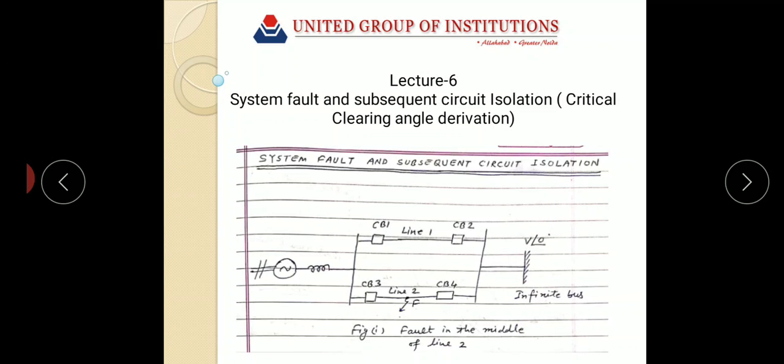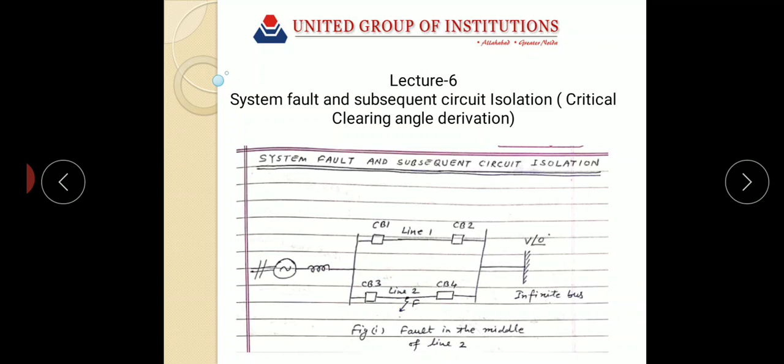Okay, so let us consider a synchronous generator supplying power to an infinite bus through a double circuit line as shown in figure 1. Suppose that some type of fault, say a single line to ground fault, occurs in the middle of line 2.